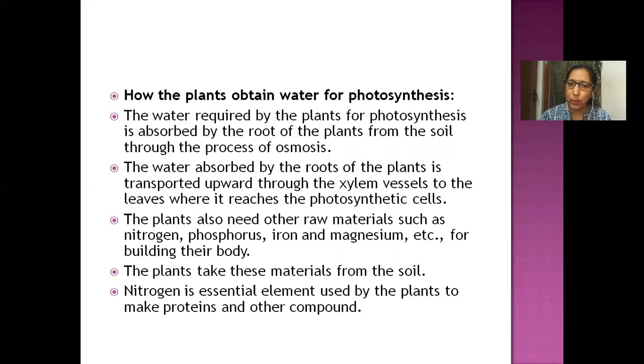The plants also need certain other raw materials, because during photosynthesis, it is only the carbohydrates which are synthesized. But other than this carbohydrate or glucose, the plants also need nitrogen, phosphorus, iron, and magnesium. All these are present in soil, so along with the water, these are also absorbed by the roots.